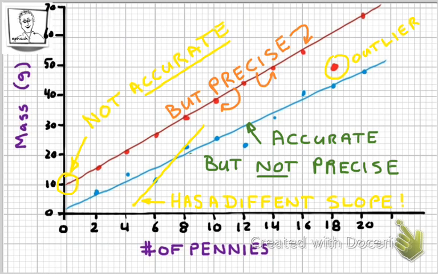Another thing, and this is a major point here, is that if you find the slope of that line, like for example if you found the slope of the red line, even though the information here is inaccurate, the slope of the line is not affected by where it hits at the y-axis. That means when we calculate the average mass of those pre-1982 pennies, the inaccuracy that's in that data is taken away.